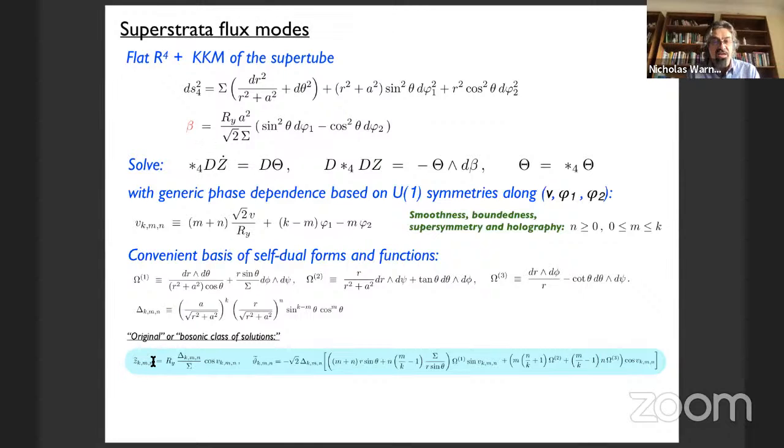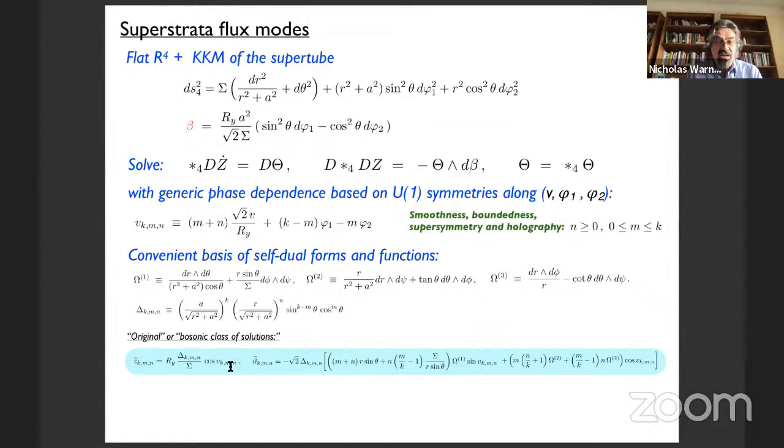I'm using small letters and the mode numbers to indicate solutions to this equation. This solves this system. Here's the phase dependence. You can shift the phases by anything you like, but we've just chosen to write it as cosine and sine. It's rather unintuitive, but it does involve this function, Delta_{k,m,n}.